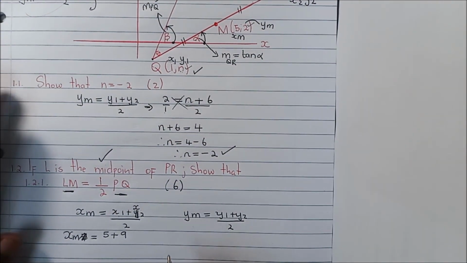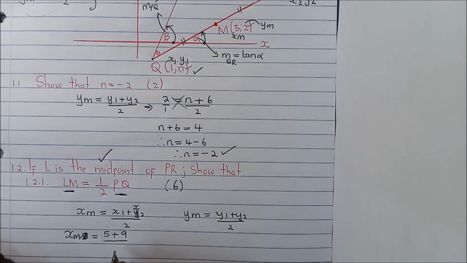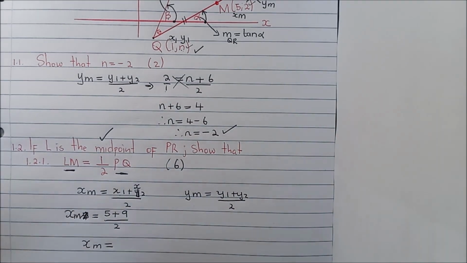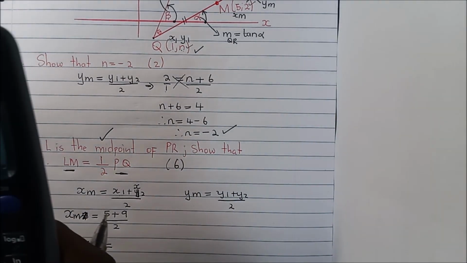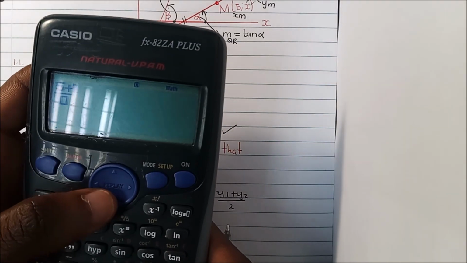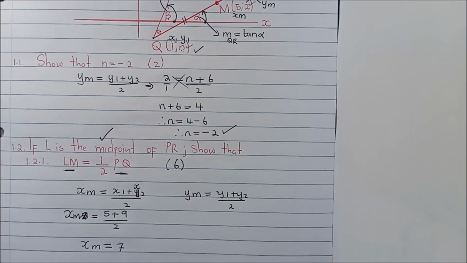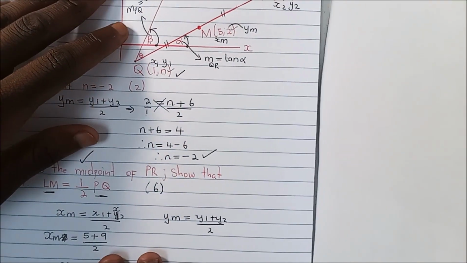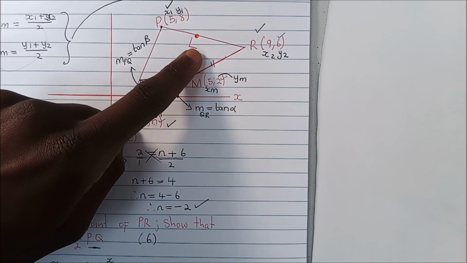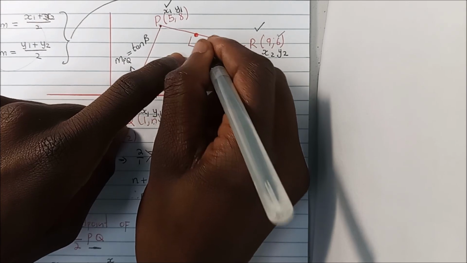Sorry for that mistake. So now this is over 2. So now xm is going to be, we go to our calculator, don't use your head, use your calculator. That's 7. So that means the x coordinate of L is 7.